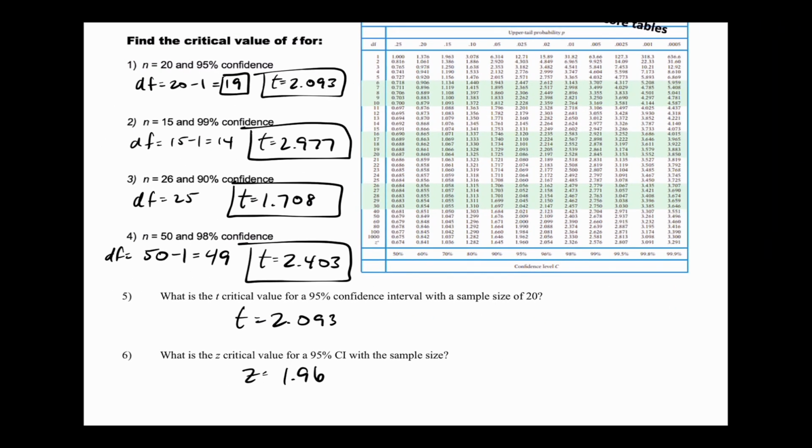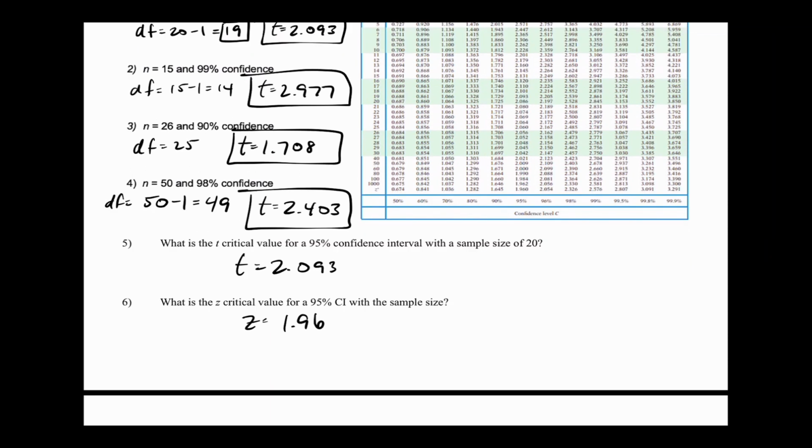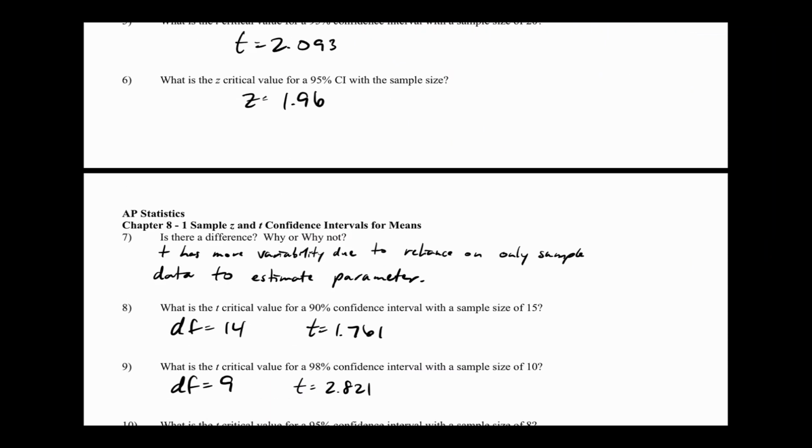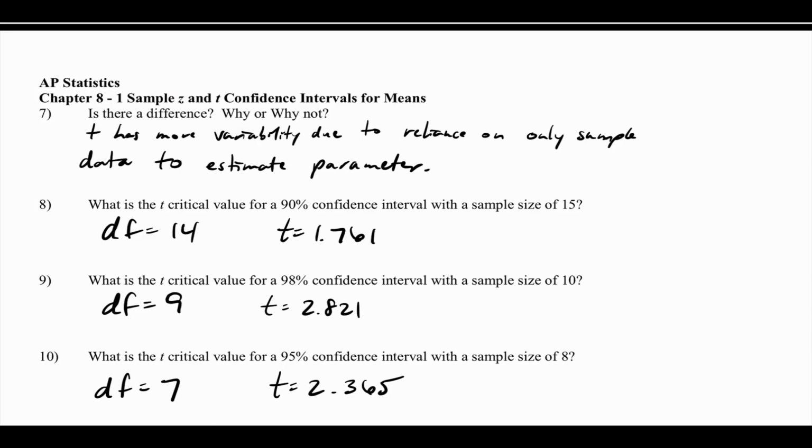Okay, so yeah, 5 and 6 are the same. 5 is the same as number 1. Number 6 we talked about, 1.96. T is always going to be bigger than Z at the same confidence. Doesn't matter how big your sample size is, unless it's infinite, it's always going to be bigger. Why is that? Because T has more variability. Because we have to rely on only sample data. We have no parameter data to fall back on.